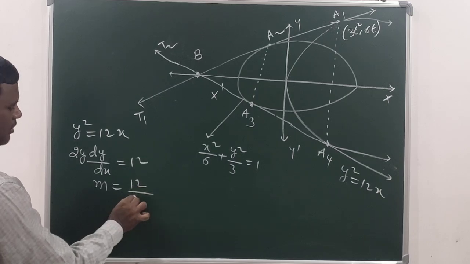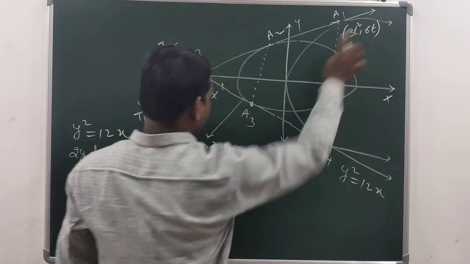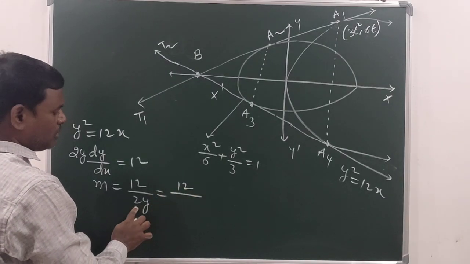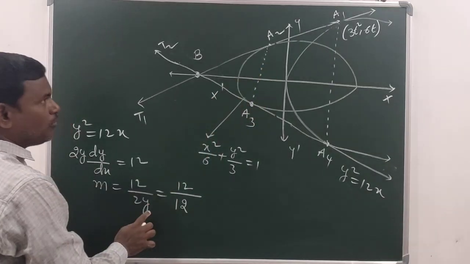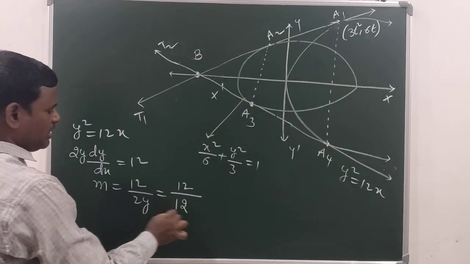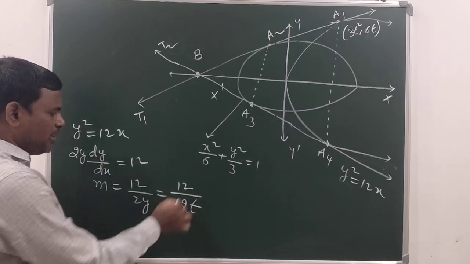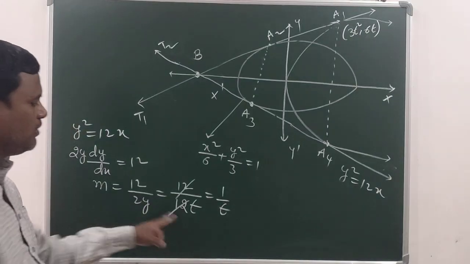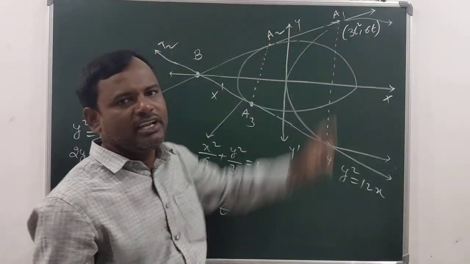Now dy by dx is 12 by 2y. Now substitute the y coordinate here: 12 by 2 into 6t, which becomes 12 by 12t. Both of them cancel, and 1 by t you got. This is the slope of the tangent T1 which is drawn at A1.